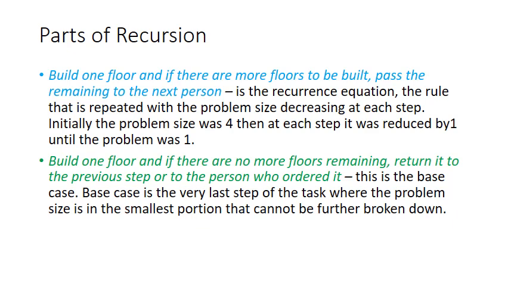Initially, the problem size was 4, and then at each step it was reduced by 1 until the problem was of size 1. Build one floor, and if there are no floors remaining, return it to the previous step or to the person who ordered it. So this is the base condition. This is also called the stopping condition, where I should stop my work.